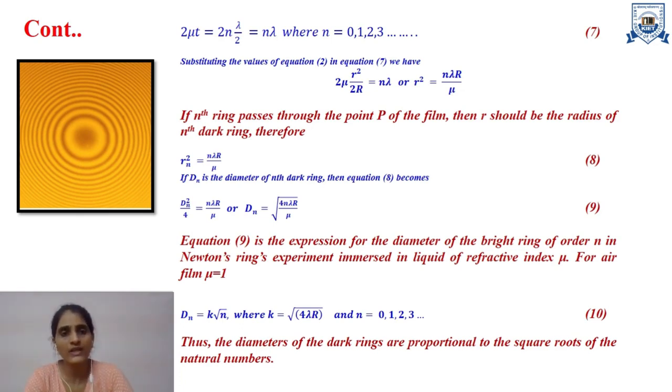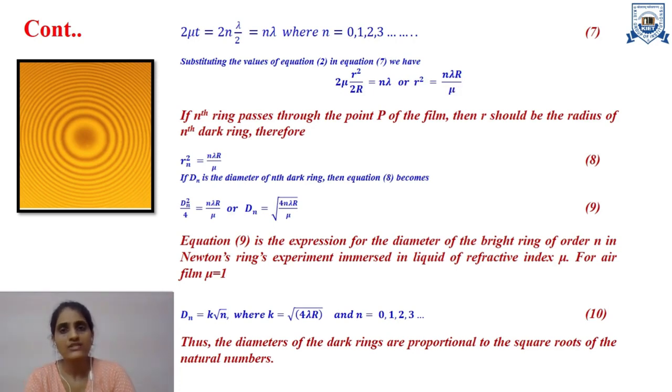Again we will substitute the equation 2 of thickness in above equation number 7. So my equation reduces to the form of twice mu r square upon 2R is equal to n lambda. 2 and 2 get cancelled out. So r square is n lambda R upon mu.